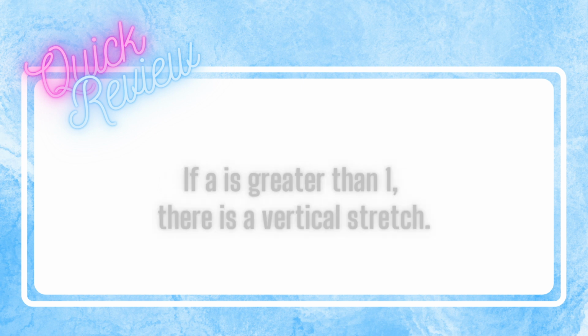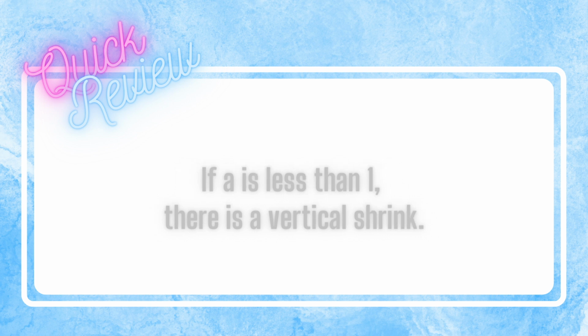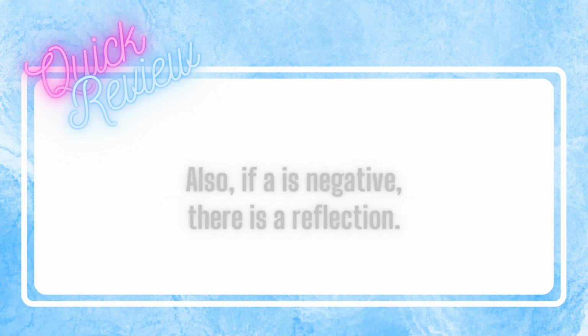So if a is greater than 1, there is a vertical stretch. It becomes more narrow. And if a is less than 1, there is a vertical shrink. The graph becomes wider. Also, if a is negative, there is a reflection. Your parabola is flipped around.